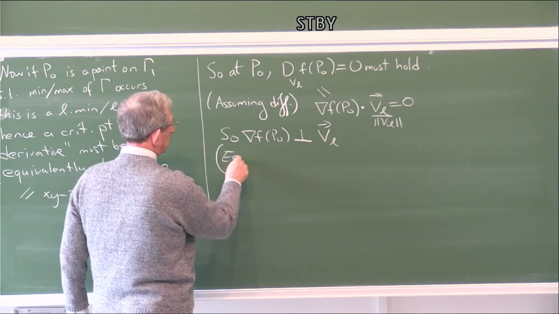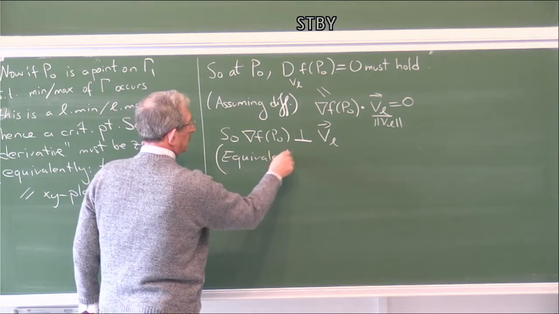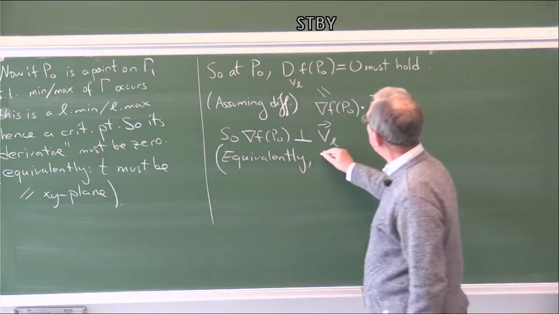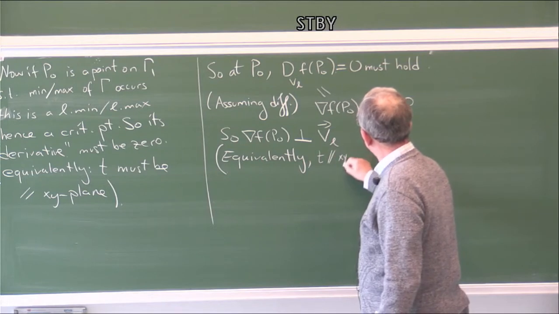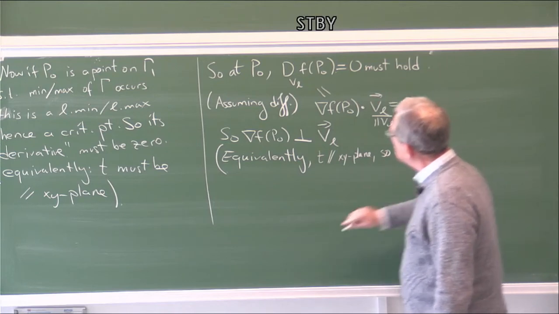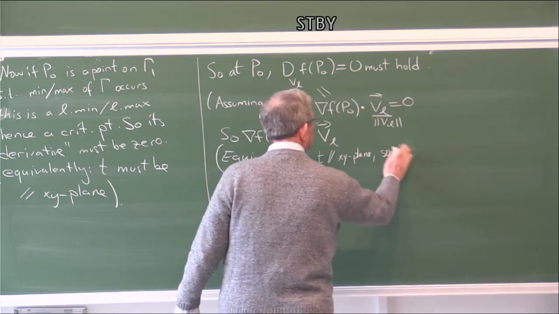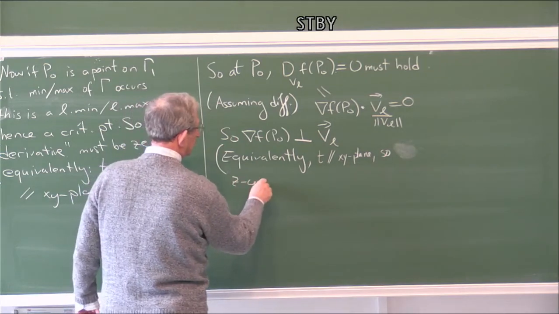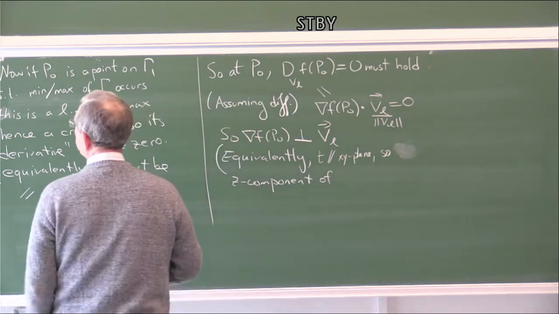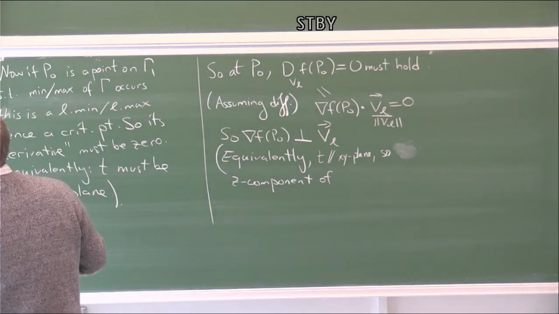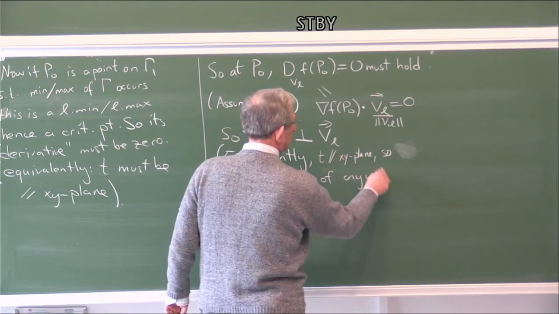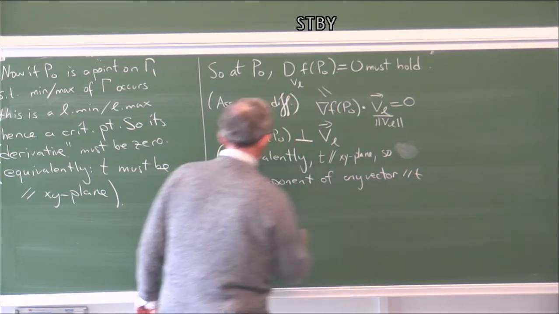Again, equivalently, T is horizontal, that is, T is parallel to the xy plane. So the z component of any vector parallel to T must be 0.